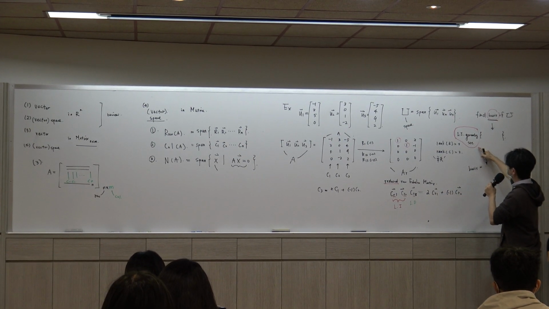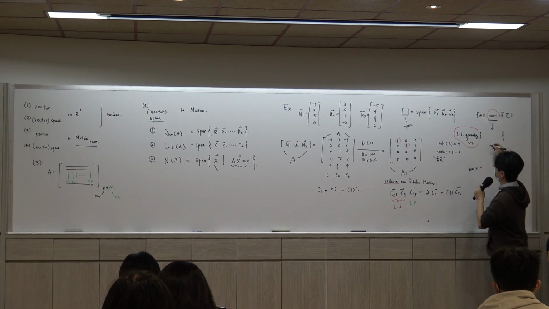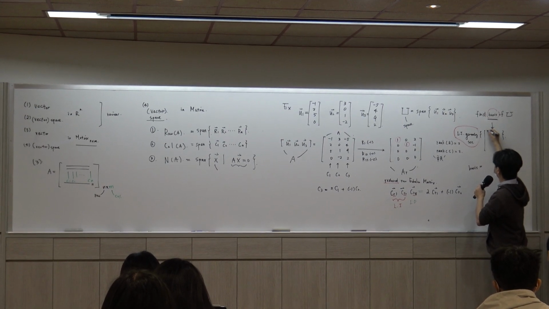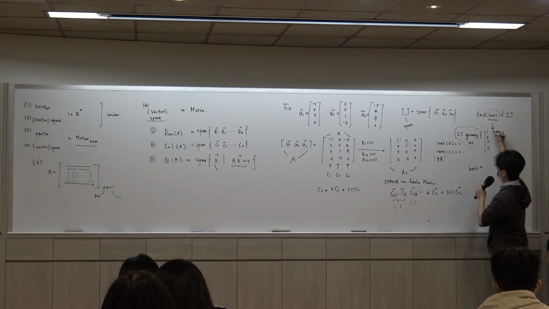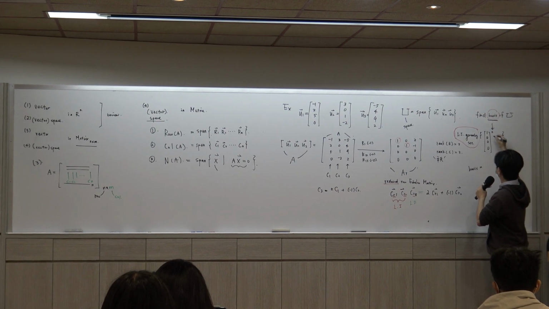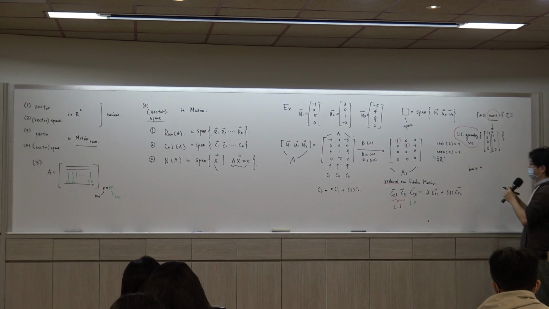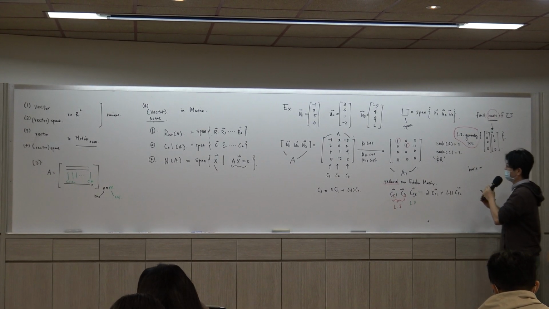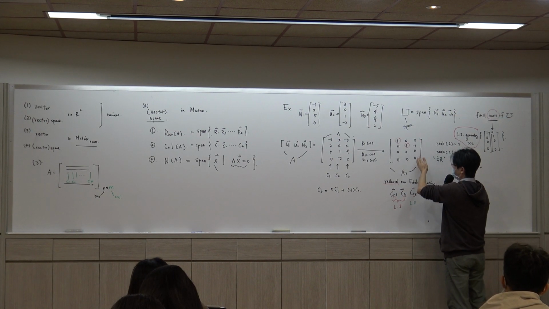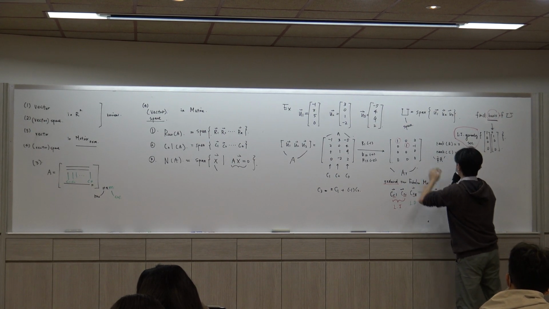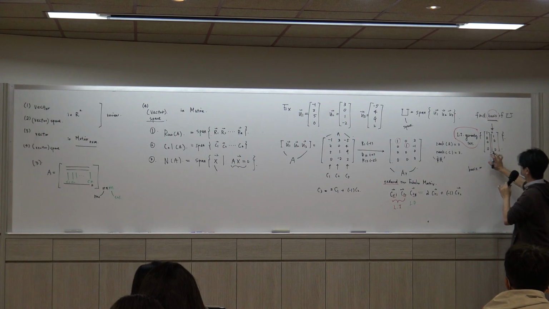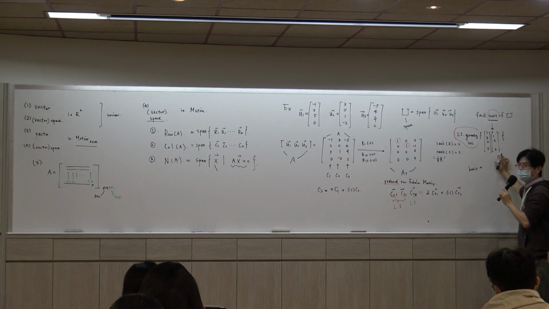So the set could be the 2 vectors. And how about the third vector? The third vector is a linear combination of the 2 vectors, right?